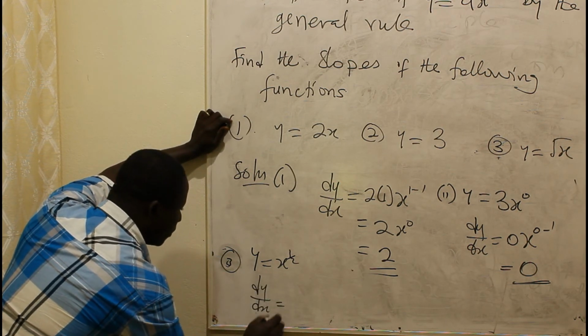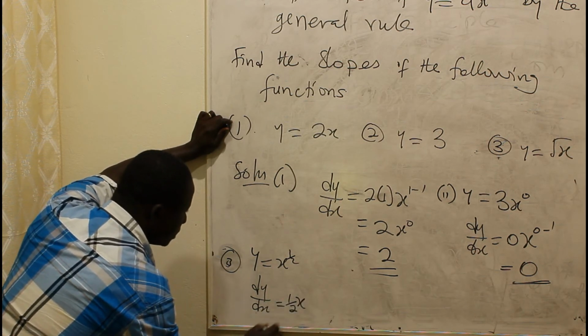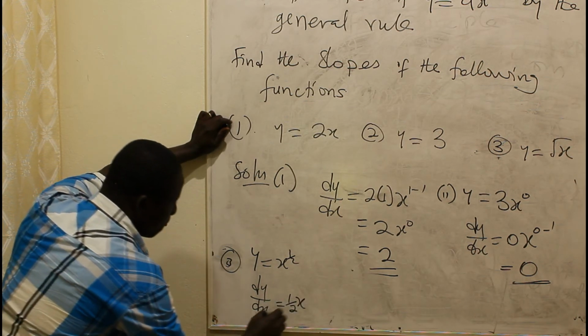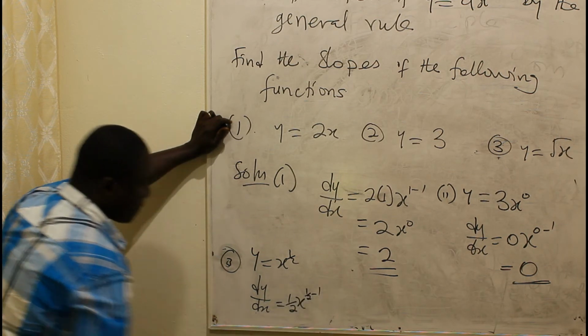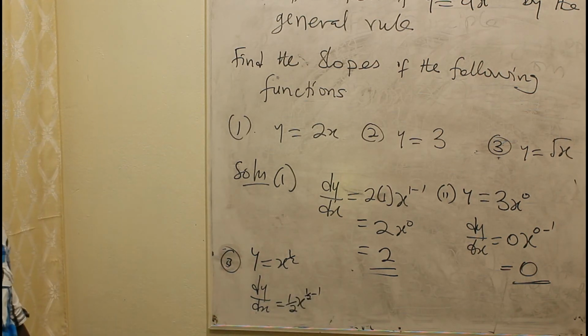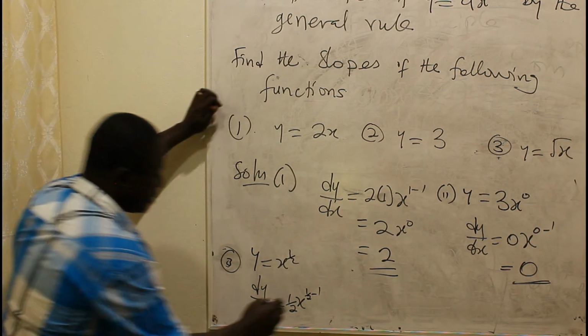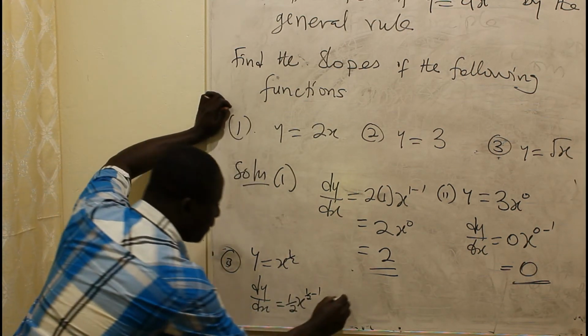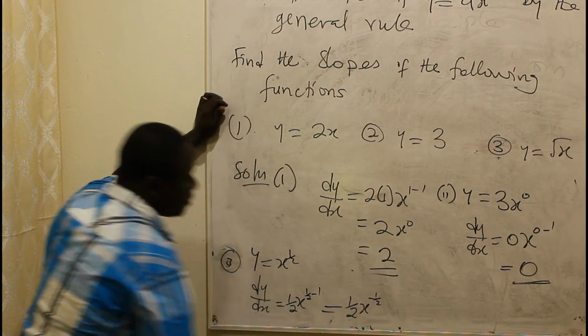dy/dx is now going to be 1/2 x exponent half minus 1. The rule says subtract 1 from the power, and then the power must also multiply the coefficient here. And when we simplify, we have half x exponent negative half.